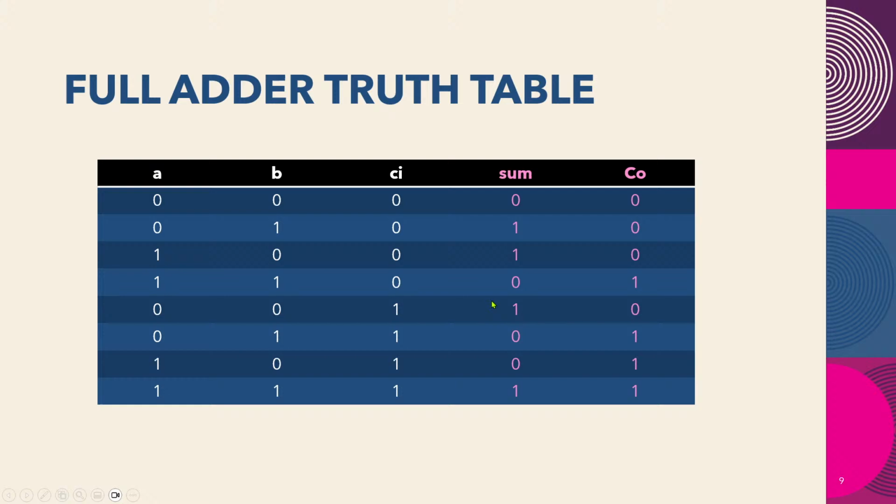And you've got the sum here, which is just the opposite of these sums. These 4 values here and the 4 values over here are identical to one another. The only difference is the carry in operation.